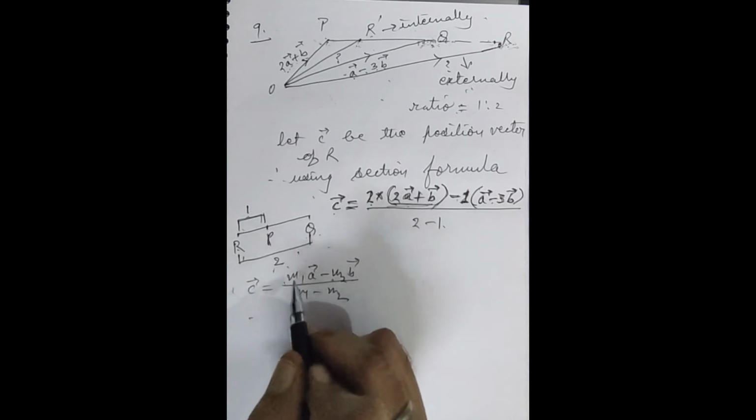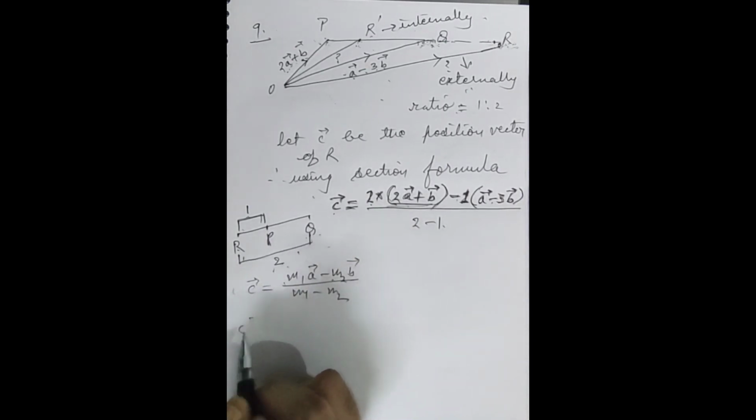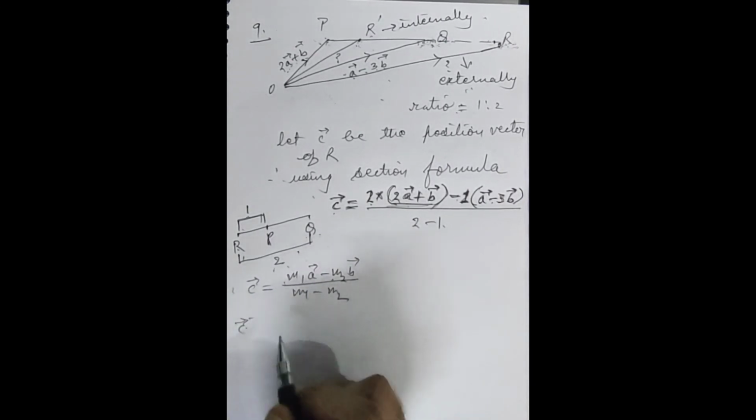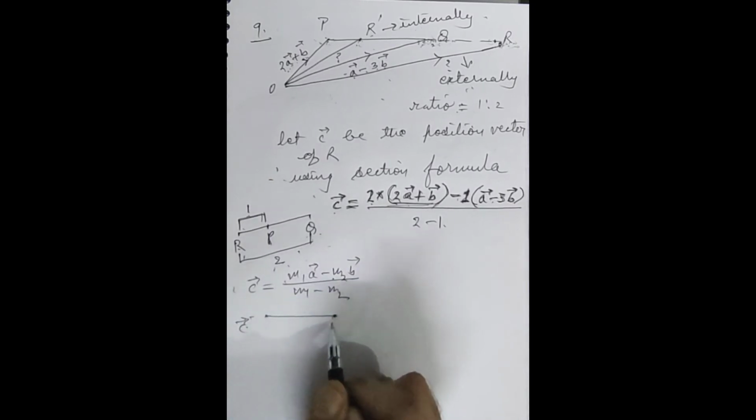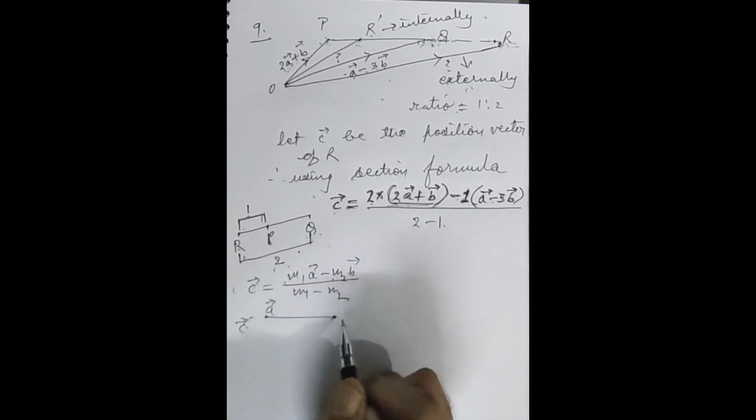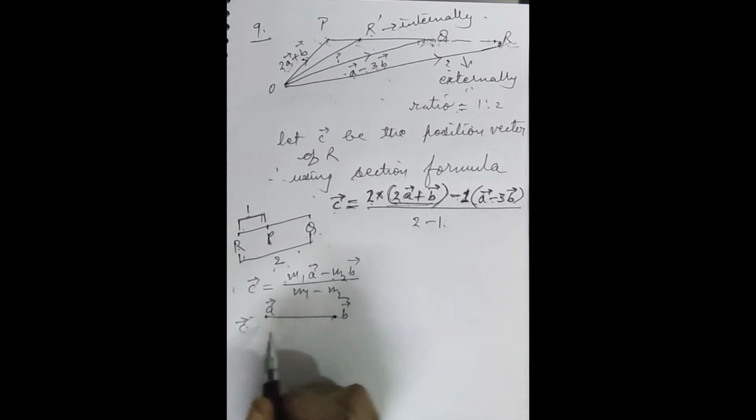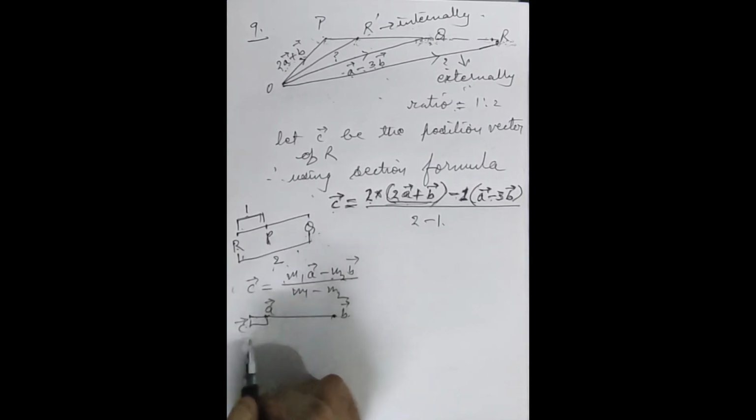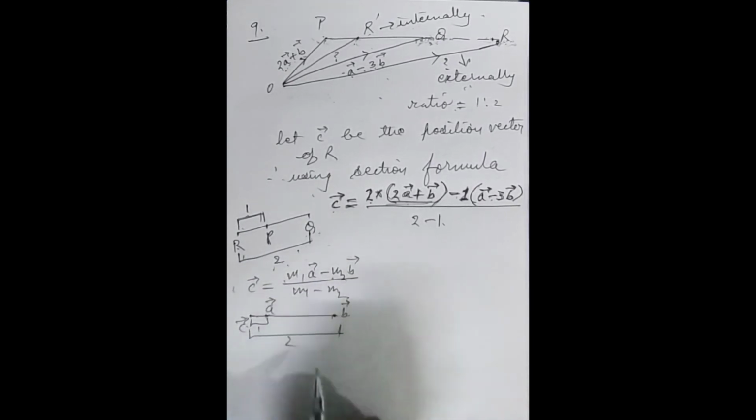By theory, if c vector divides the line joining the position vectors a and b externally in the ratio m1:m2, this is the general formula, so we take m1 and m2.